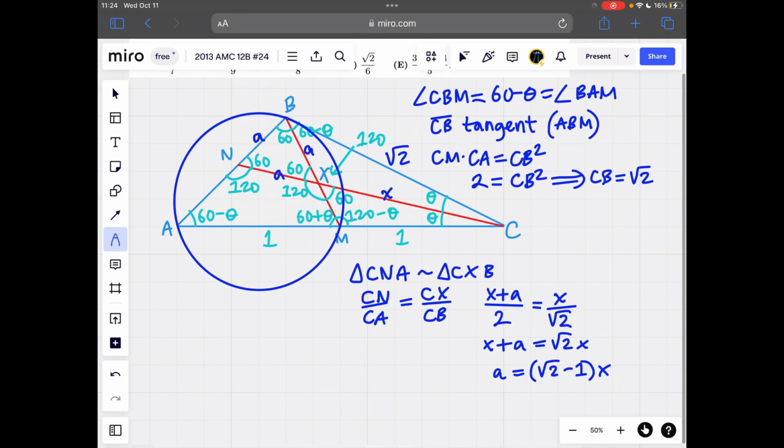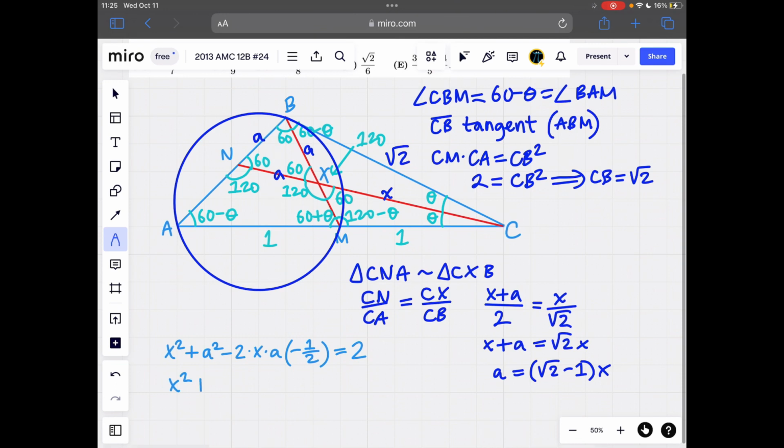We can substitute that when we use law of cosines on triangle BXC with the 120 degree angle at X. So using the law of cosines on triangle BXC, we get that x squared plus a squared minus 2 times x times a times the cosine of 120, which is negative 1/2, is equal to CB squared, which is just 2, since CB is root 2.